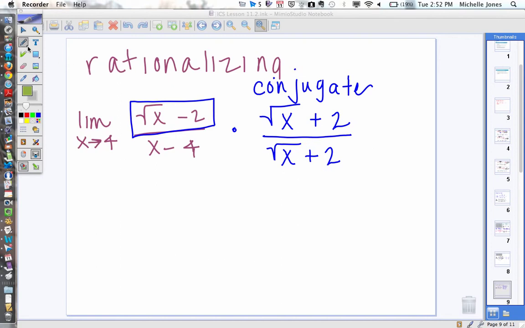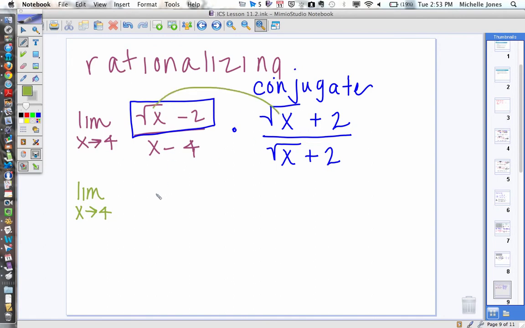So once you have the conjugate written out, we're going to multiply across. So technically we have two binomials here, two things with two terms in it, so we're going to FOIL. So first, the square root of x times the square root of x is just itself. So first, outer, you get 2 square roots of x.